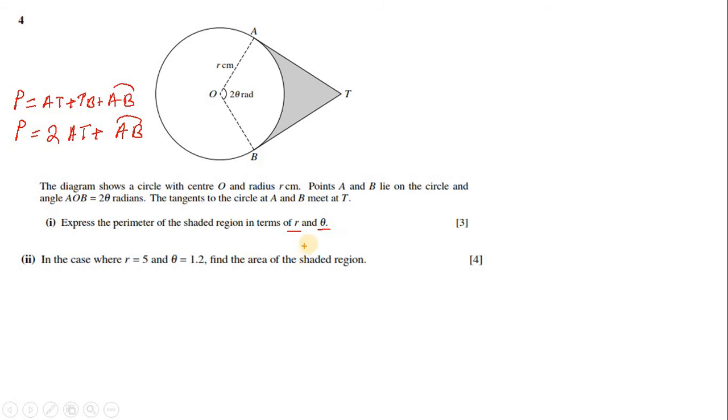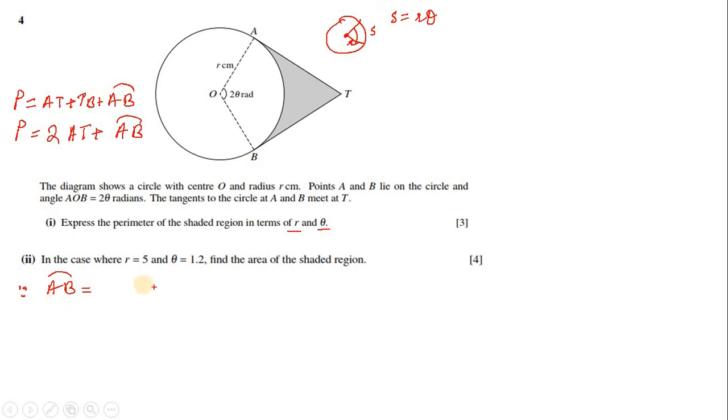And then let's first find out AB, because this is quite straightforward, because we have the arc length and we are given theta. So the arc length AB will be equal to r theta, because you know the arc length, if you have a circle and this is the r and this is s, the arc length, and this angle is theta, so arc length s is equal to r theta.